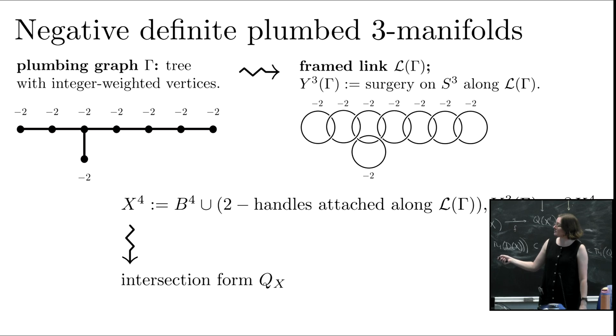Now, Y3 of gamma bounds some 4-manifold X4. We can define X4 to be the 4-ball with 2-handles attached along this link, and Y3 of gamma is the boundary of X4. X4 has an intersection form. It could be positive definite, it could be negative definite, it could be something else.